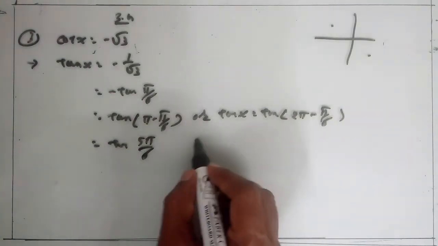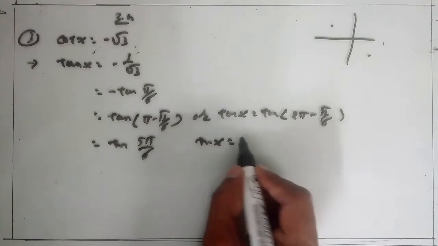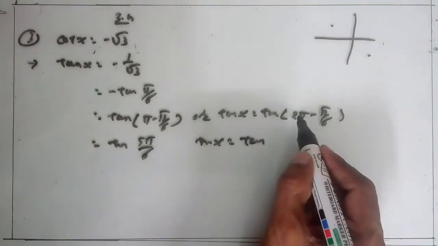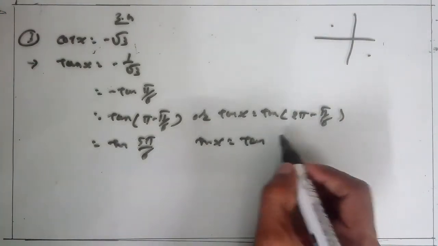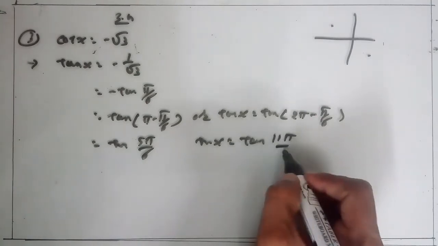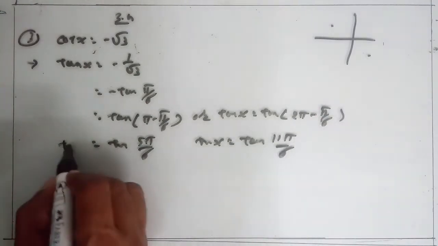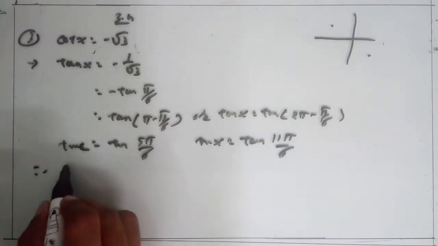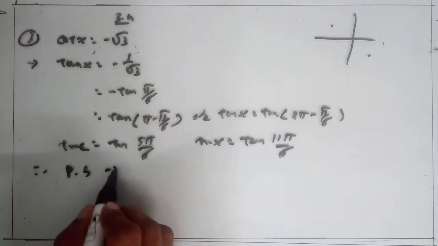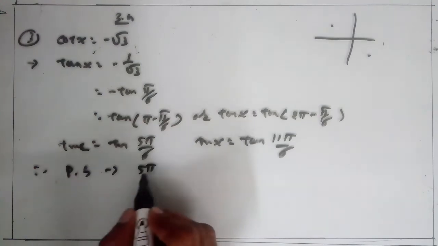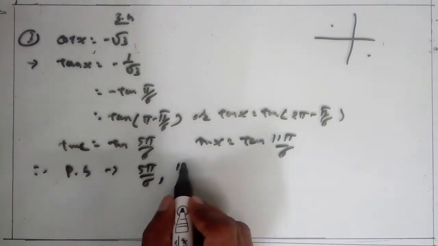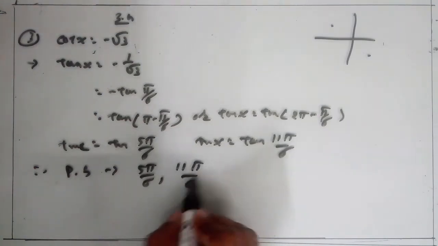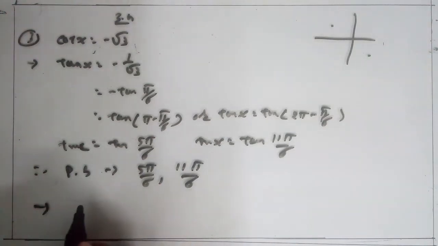Here it becomes tan x is equal to tan, 12 minus pi, that is 11 pi upon 6. Clear? Therefore principal solution becomes 5 pi upon 6 and 11 pi upon 6. And what do you say about general solution?